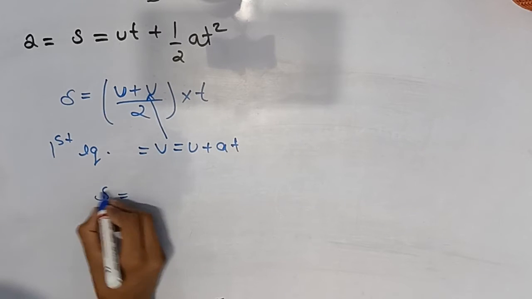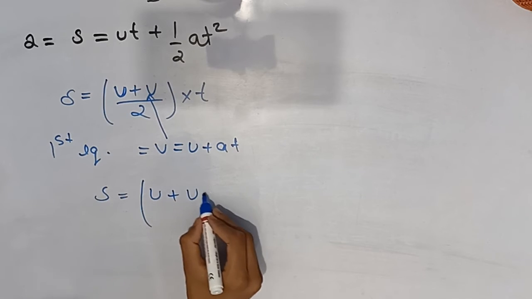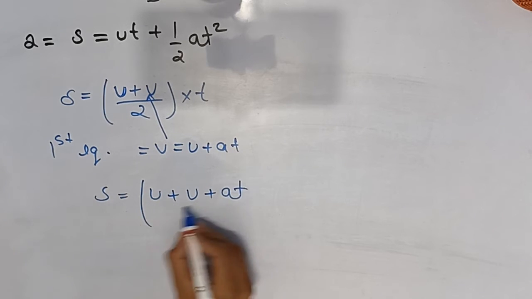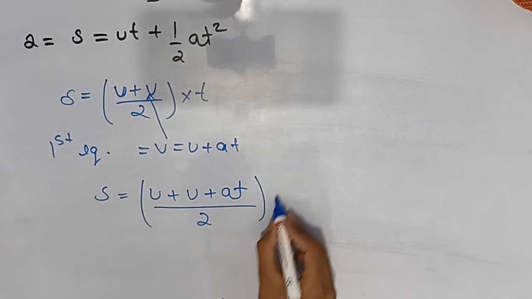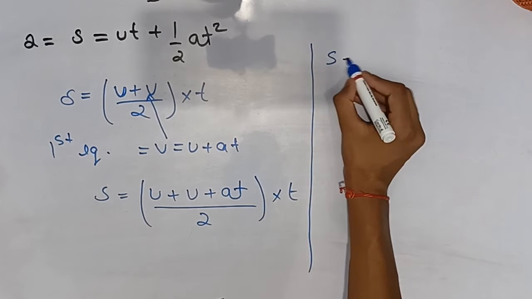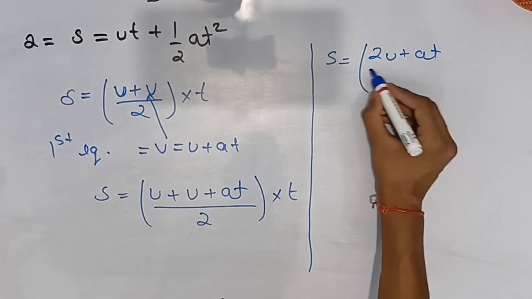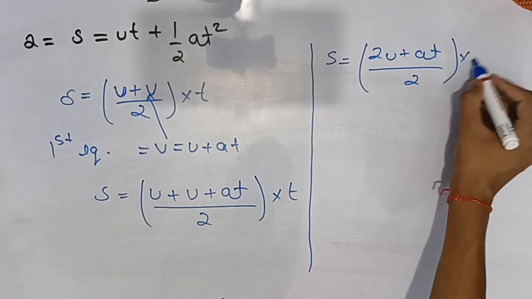We will place the v value in this formula. So we get s = (u + u + at)/2 × t, which is s = (2u + at)/2 × t.